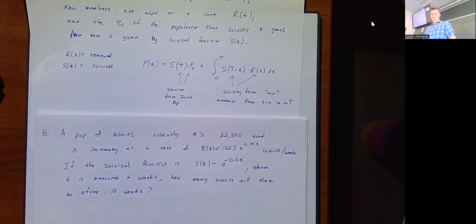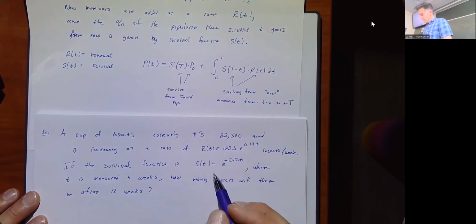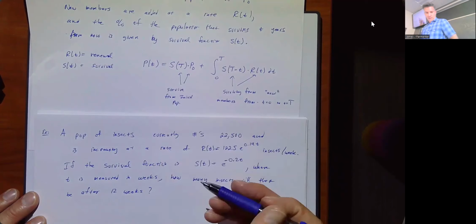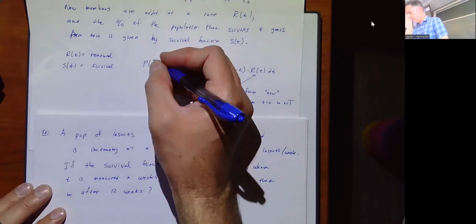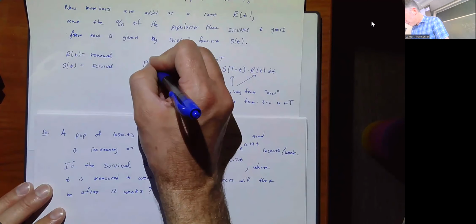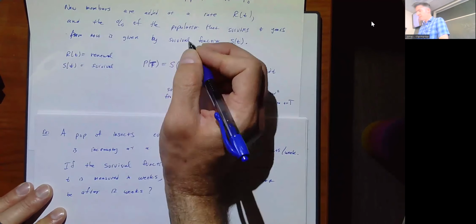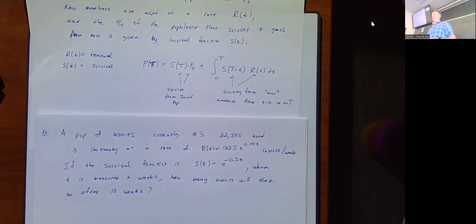All right. Yeah, and I knew I made one tiny mistake. Remember this should have been a P of capital T. You're trying to find the population at a certain given time, typically.